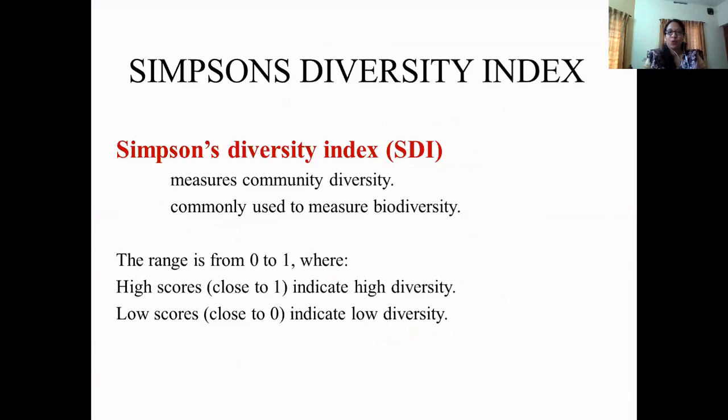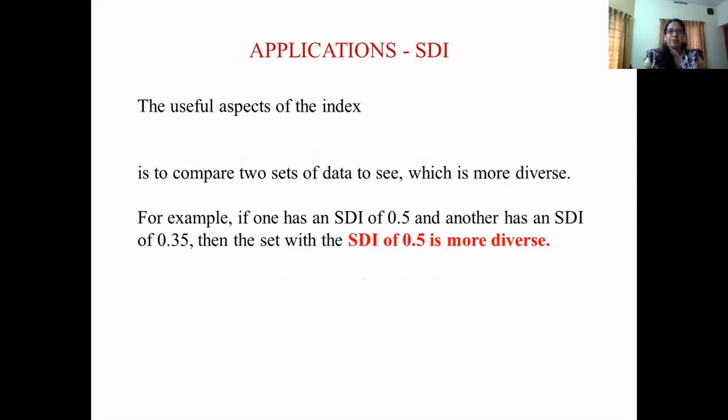So let us move on to the calculation of biodiversity using a tool called Simpson's Diversity Index. As I said earlier, Simpson's Diversity Index measures the diversity of a community. It is commonly used to measure diversity, and the value of Simpson's diversity ranges from 0 to 1, where a high score, that is closer to 1, indicates high diversity and a low score indicates low diversity.